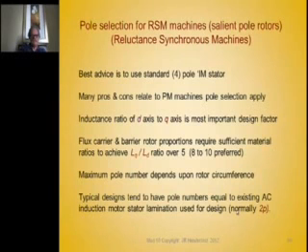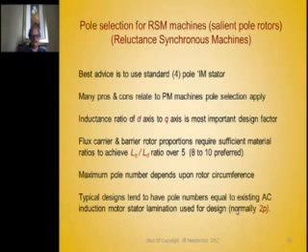The most important aspect of an RSM is the design of the rotor, and the goal is to get as high an inductance ratio as possible between the D axis and the Q axis as it lines with the stator phase windings. So that means that you have to create flux barriers and leave some flux carriers in there and have the proportions such that you can get these inductance ratios over 5, 8 to 10 preferred, or higher if possible.